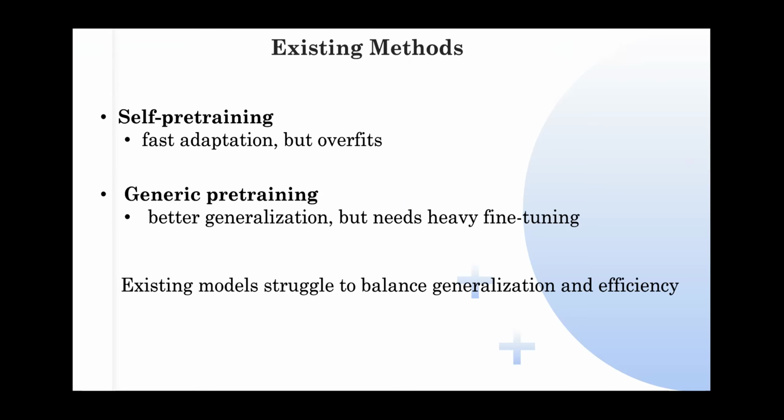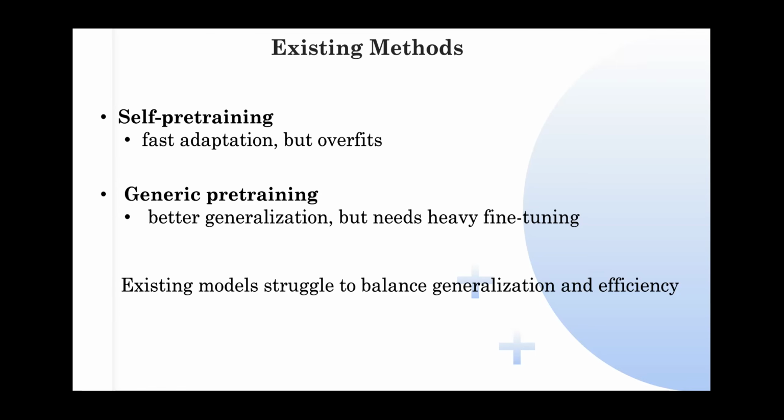There are a lot of existing methods, like self pre-training and fast adaptation, but they overfit. There are TransUNet and Swin UNETR plus plus, and a lot of previous generalizable methods. There are also recent methods like SAM2, which is a very good method for 2D image segmentation.